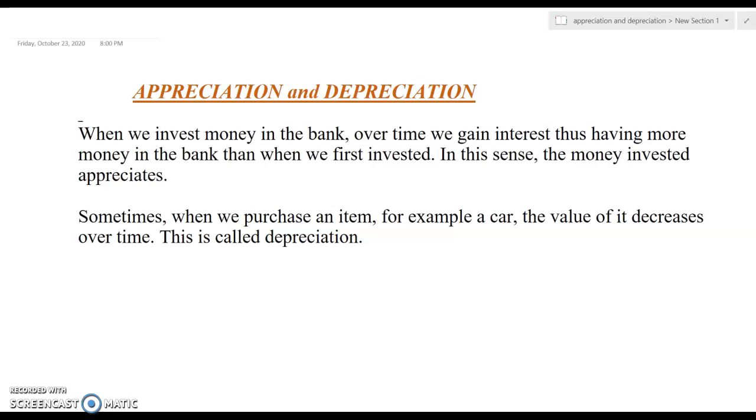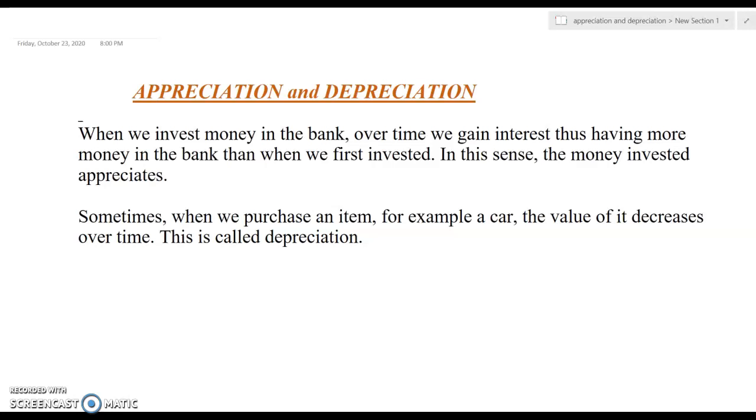Now, when we think about depreciation, sometimes when we purchase an item, for example a car, the value of it decreases over time. This is called depreciation. So just to use a real life situation, let's say you bought a car in 2019.